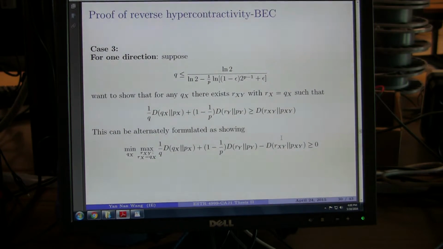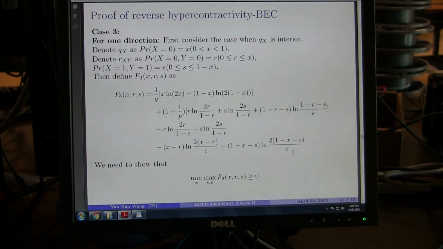For one direction, suppose the upper bound for Q holds. Then we want to show for any Qx there exists Rxy with Rx equal to Qx such that this divergence inequality holds. Alternately, you can say we want to show the minimax point of this divergence expression is non-negative.